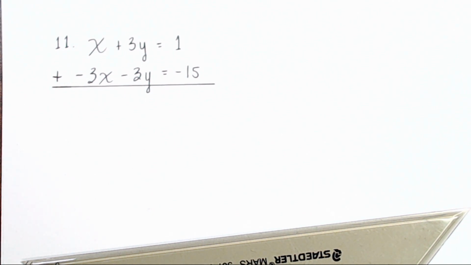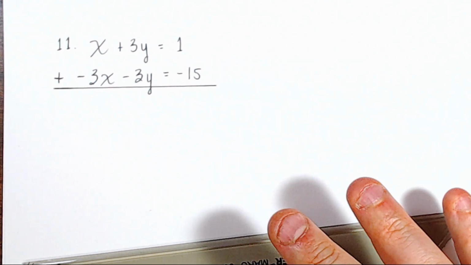Now, what would happen here if I were to add these equations together like they are? What is x plus negative 3x? I'm just adding. Negative 3x plus x is negative 2x.